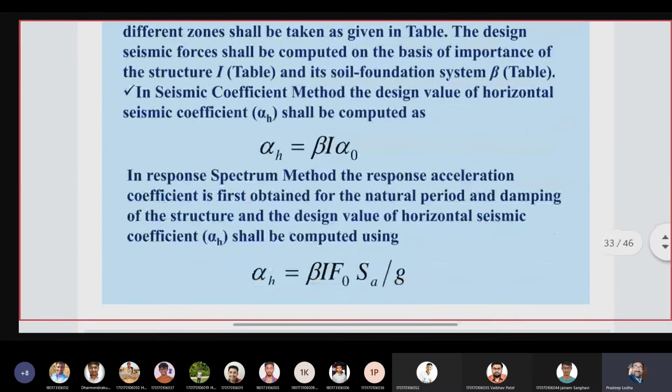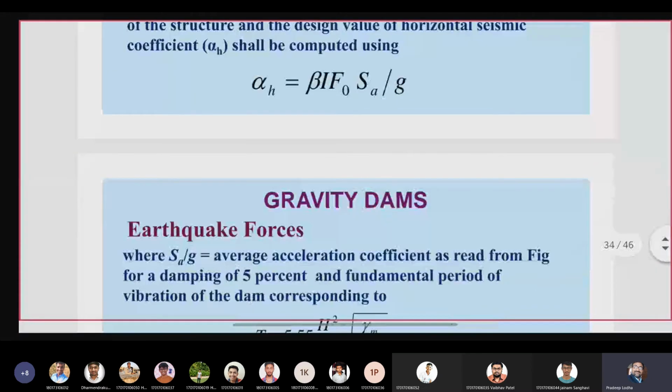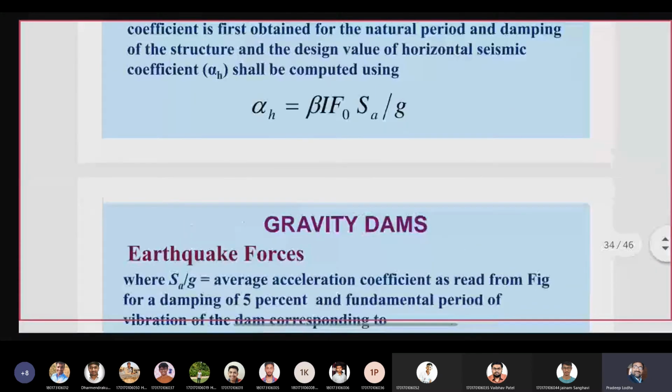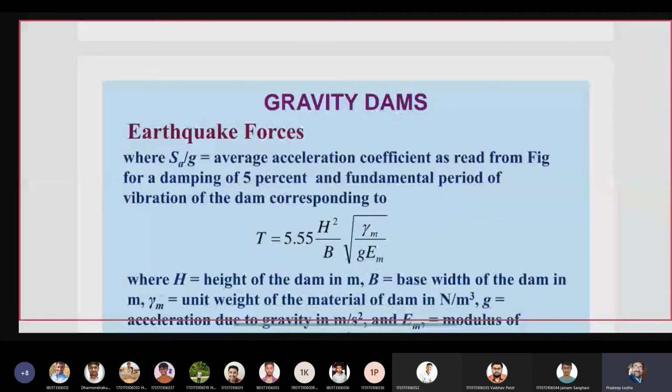The same slide here for alpha h, and now we are going to get an understanding of Sa by g. Here Sa by g, the average acceleration coefficient, is read from the figure, the sketch I'll show you, that is again from the IS code. The acceleration coefficient is read from the figure for a damping of 5%.